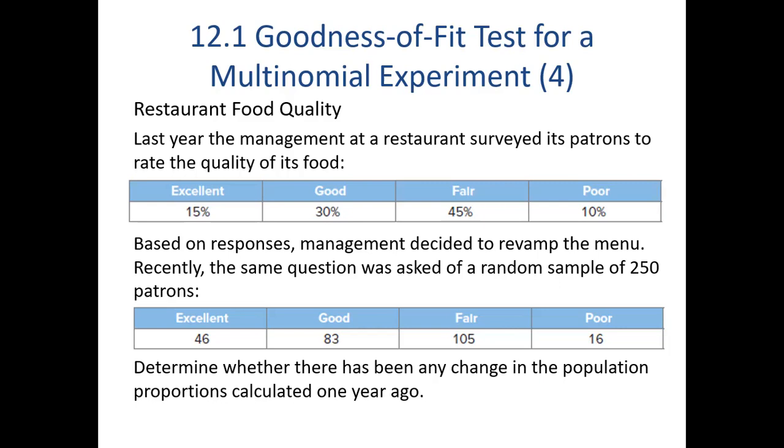In L1, we are going to put the observed values: 46, then 83, then 105, and then 16. Then press the right cursor key on the top right corner to move the cursor to the first line in L2. Okay.